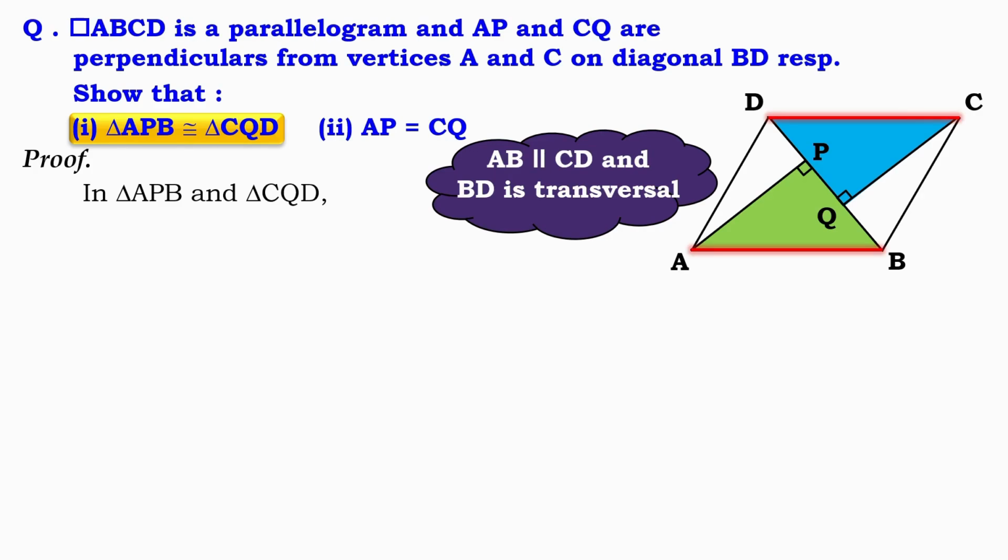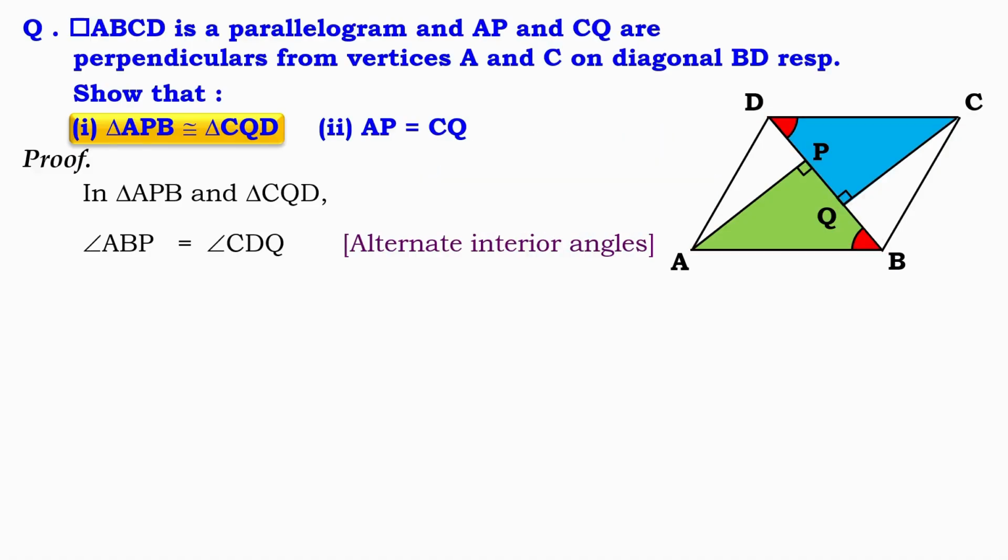Since BD is a transversal, angle CDB and angle DBA are alternate interior angles, or we can say angle ABP is equal to angle CDQ, because of alternate interior angles.